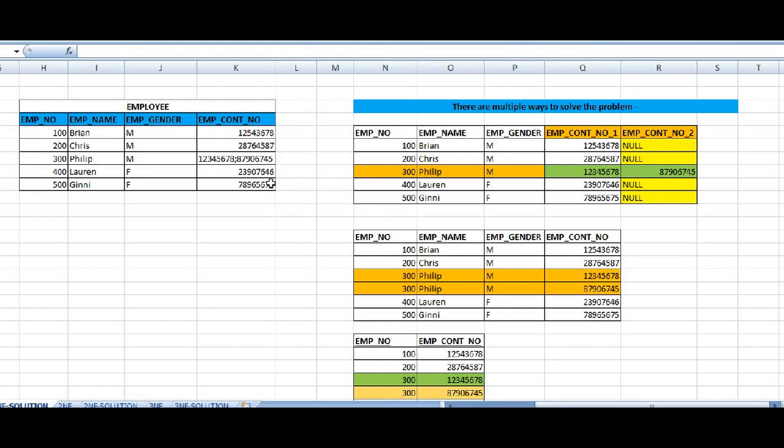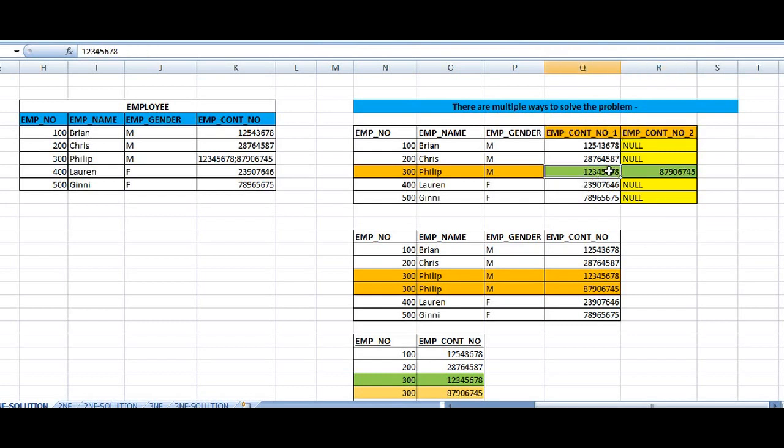If you see the first possible solution, what I've done is I have split this column, employee contact number, into two columns. One is for the primary contact number, one is for the secondary contact number, and thus I am accommodating in each attribute one single value. So my problem has been solved.